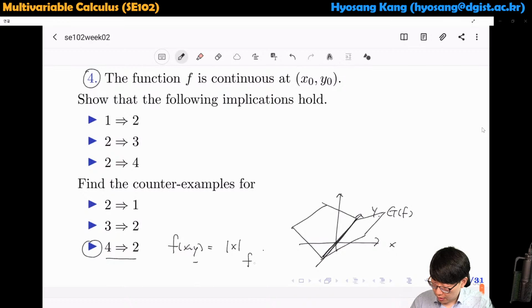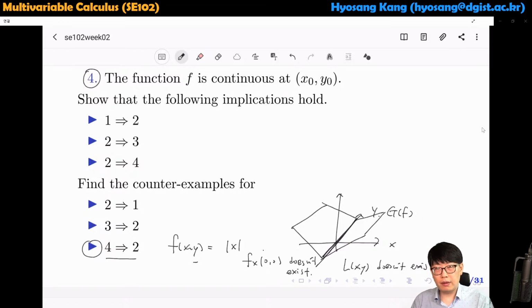So f_x at (0, 0) doesn't exist, so L(x, y) doesn't exist. So you cannot even start the definition of differentiability.